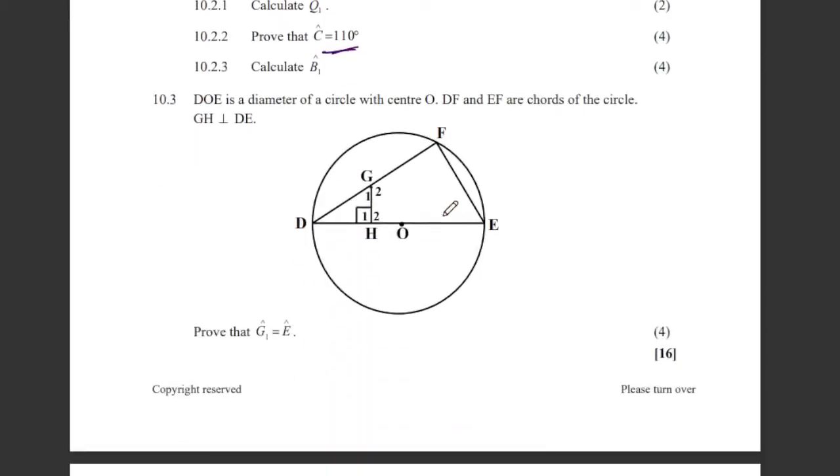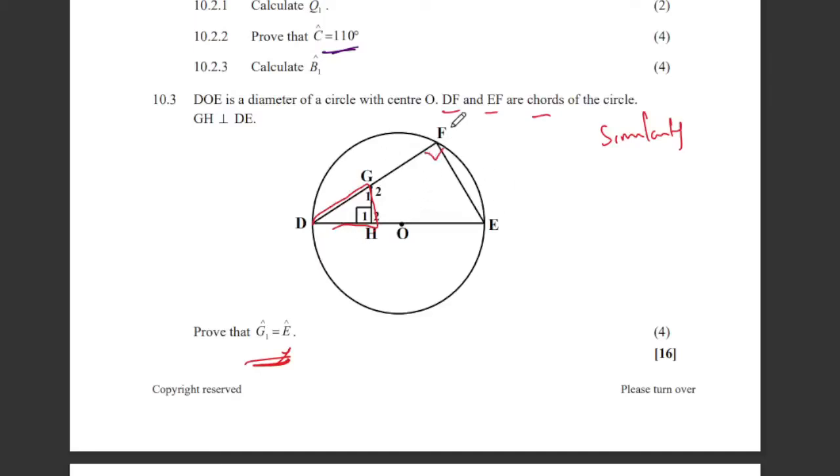Then 10.3, DO is a diameter, DF is this, and EE are Q codes. They're telling us GH is perpendicular. Okay, there's a 90 there. Can you prove that G1 is the same as E? So in this case, you need to prove similarity. Okay, so which triangles are you focusing on? You're looking at this small triangle and then the macro triangle.